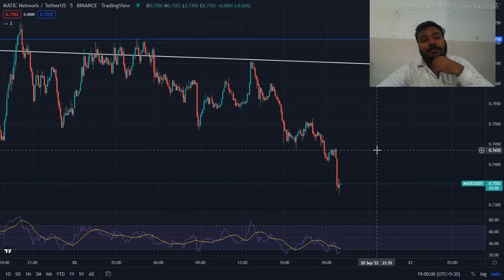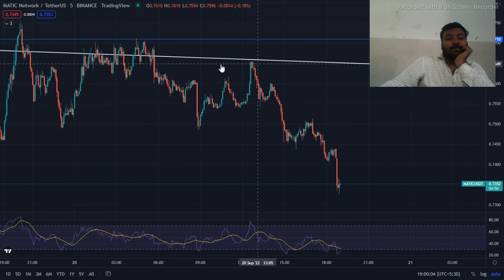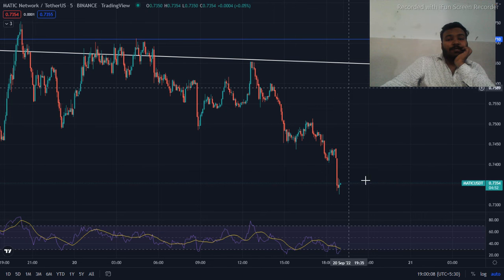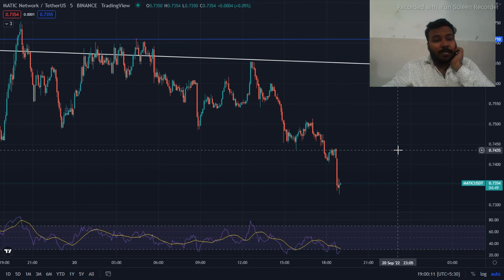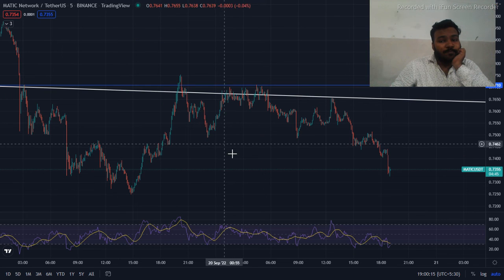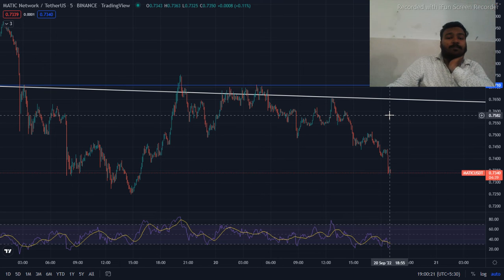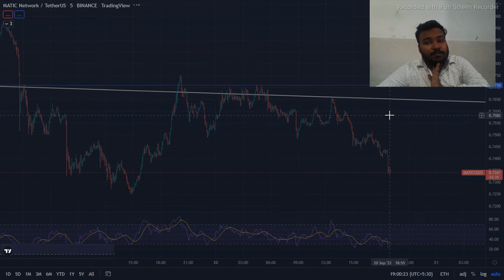Same pattern in Matic also. Getting rejection from the historical trend line, which is bearish. It gave a confirmation here, and we kept shorting, and the trade is still on because the last swing was also broken, and this is a zone where it is testing. If this level 0.7327 is also broken, again it will be falling like a falling knife.